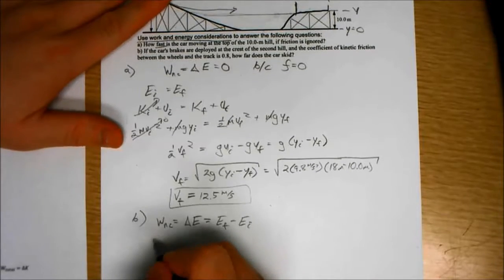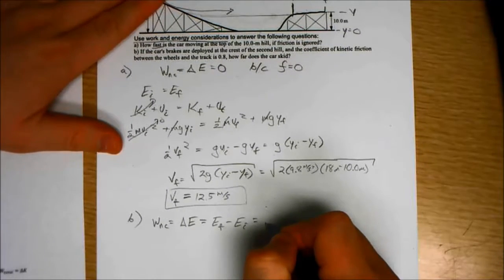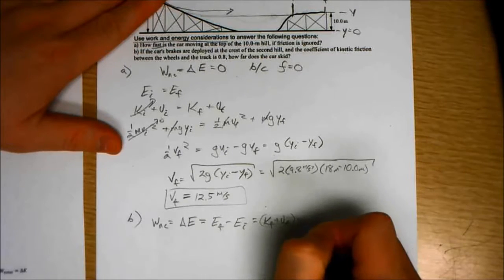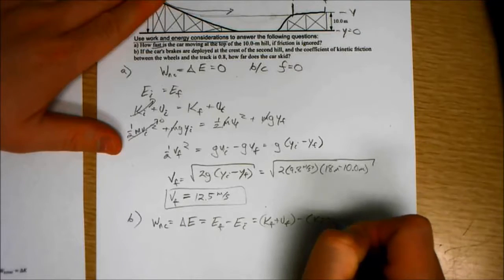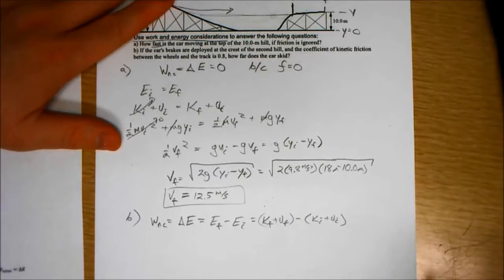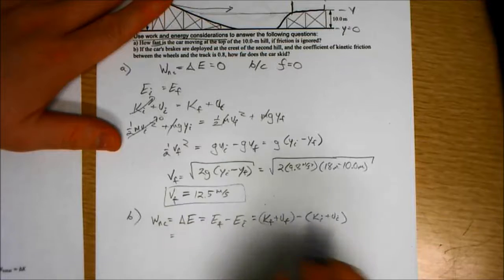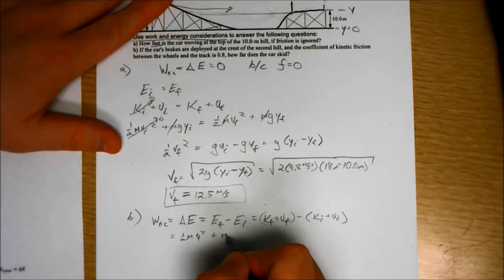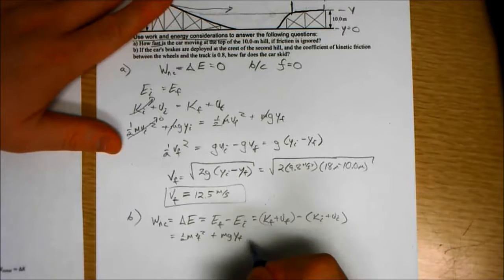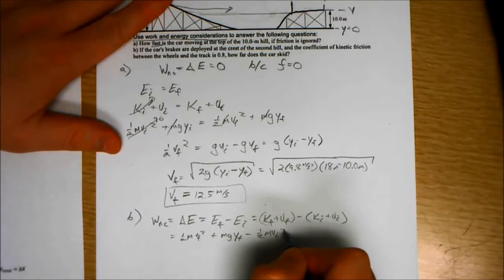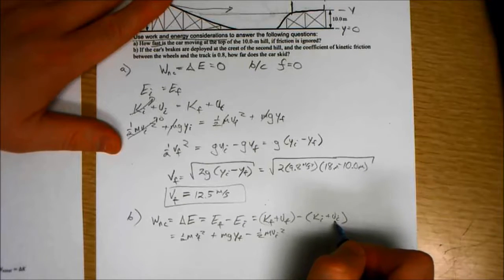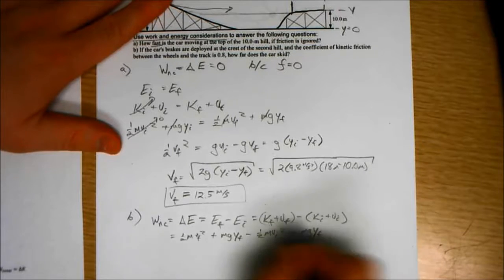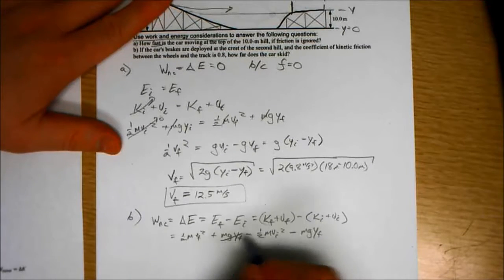I'll show you. So this equals K final plus U final minus K initial plus U initial. All right, equals 1/2 m v final squared plus m g y final minus 1/2 m v initial squared minus, I'm just distributing the negative sign, minus m g y final, because y is going to be the same, so these two subtract out.